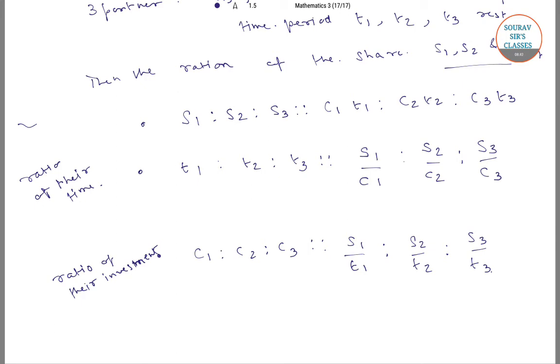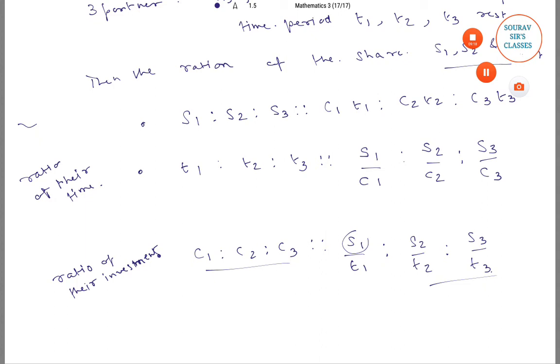So if the time for which each partner has invested their capital is given and their shares in the total profit or loss is given, then the ratio of their investment will be found by this formula, where C1 is to C2 is to C3 is proportional to S1 by T1 is to S2 by T2 is to S3 by T3.